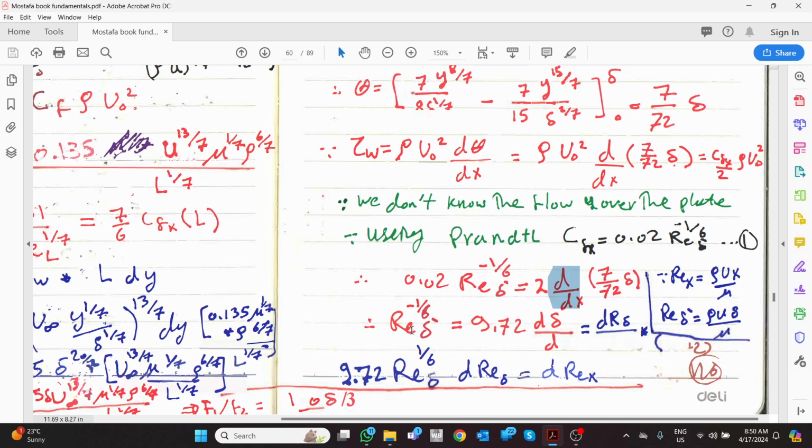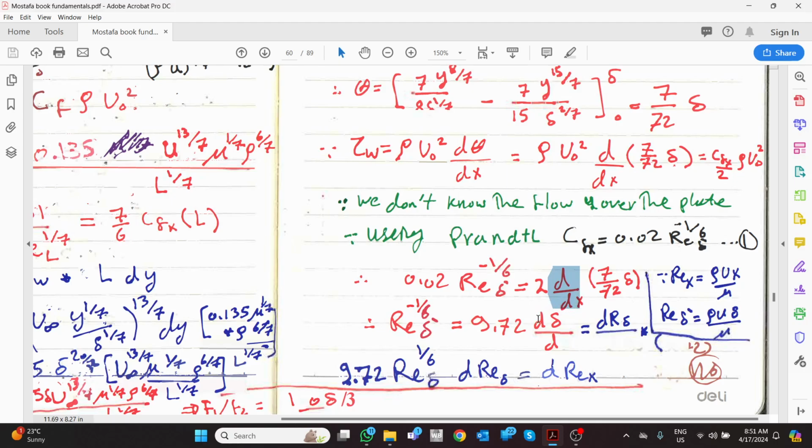So I know Reynolds number at delta is equal to this one, which you can write as d delta because you change from theta to delta.